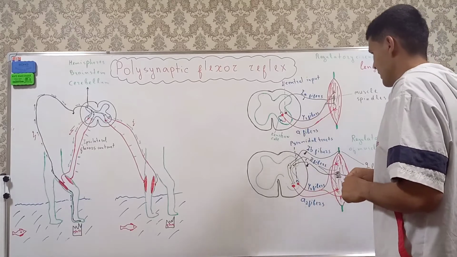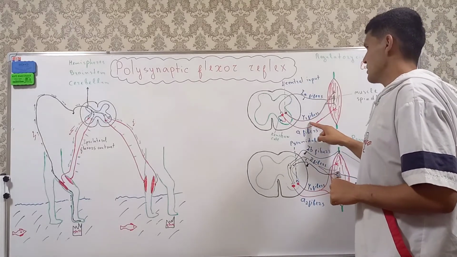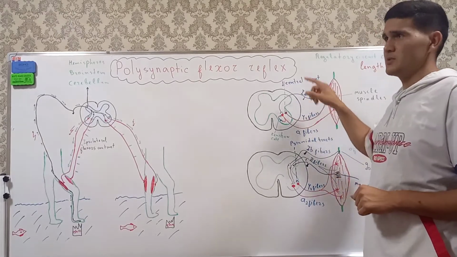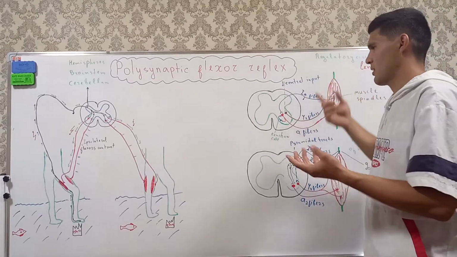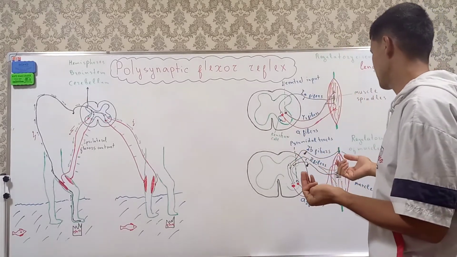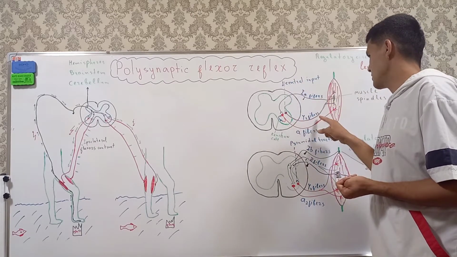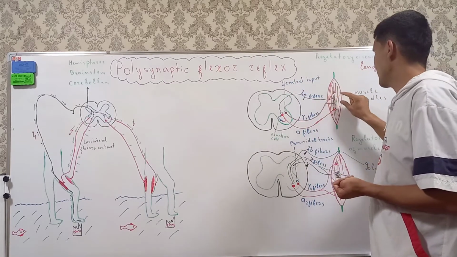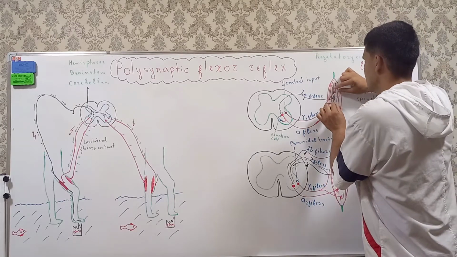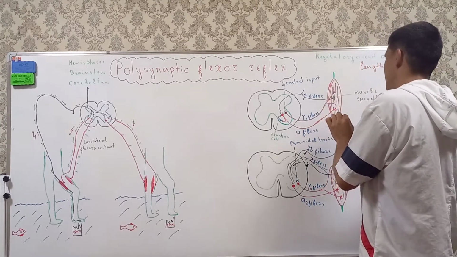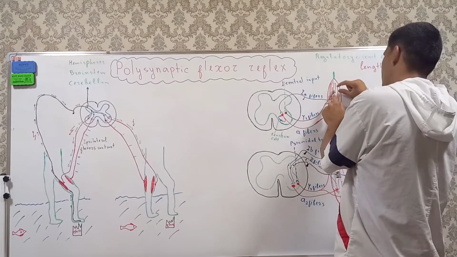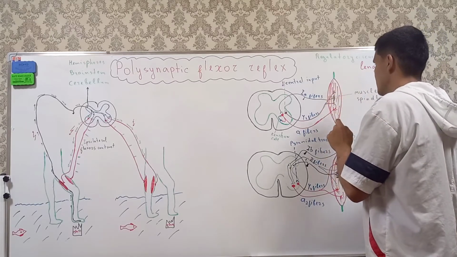And look at that. The gamma 1 fibers are innervated by central input from the central nervous system, maybe hemispheres or brainstem, something like that, and they can regulate the gamma 1 fibers. Gamma 1 fibers, as a result, cause contraction of the fibers that are located around the muscle spindle.